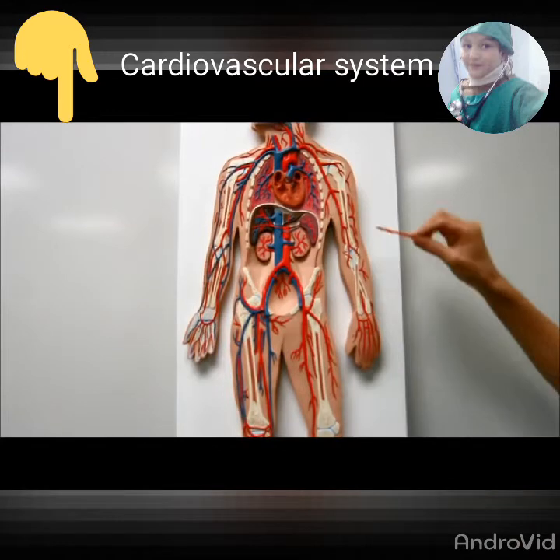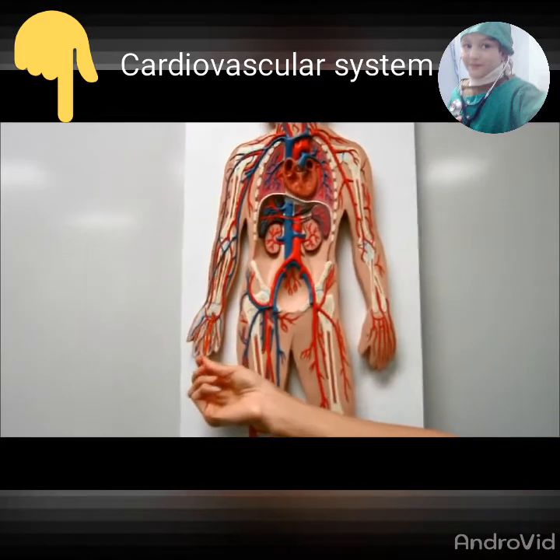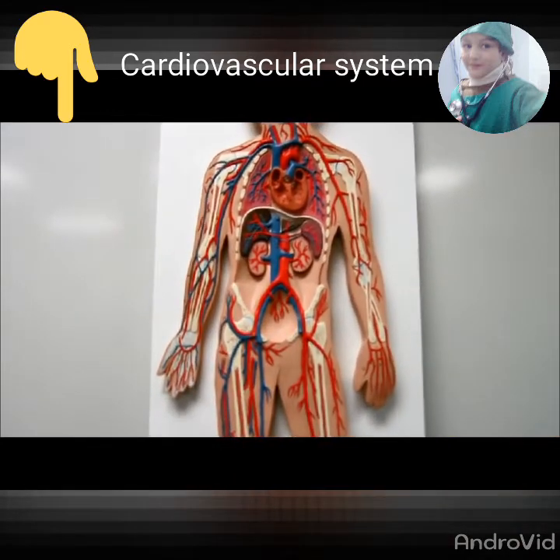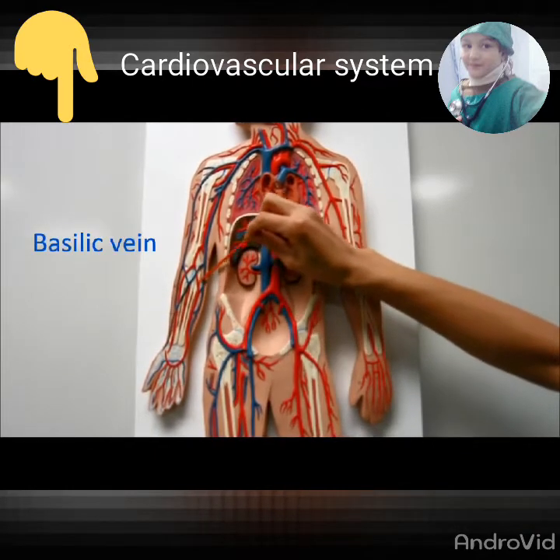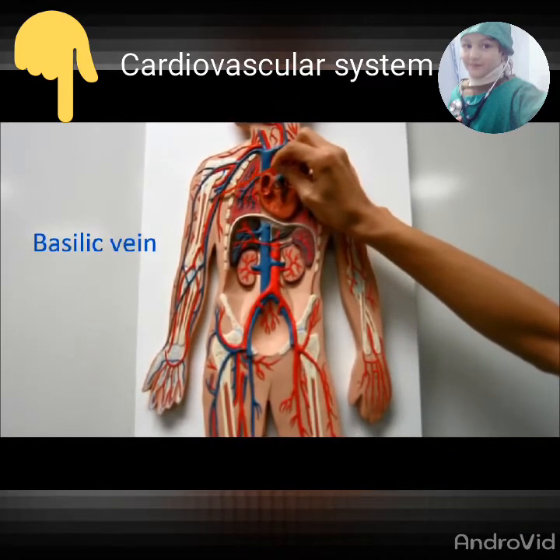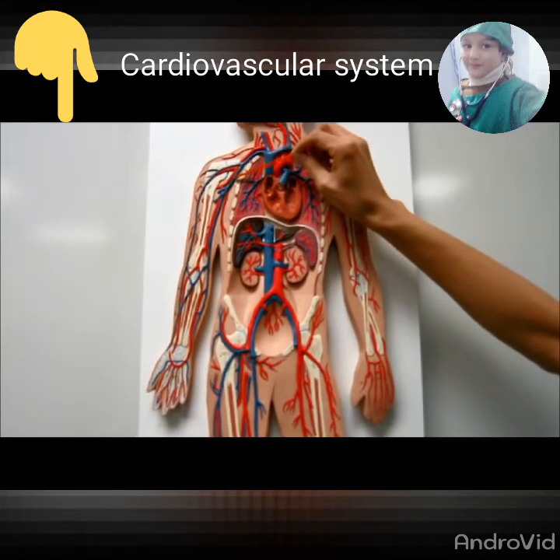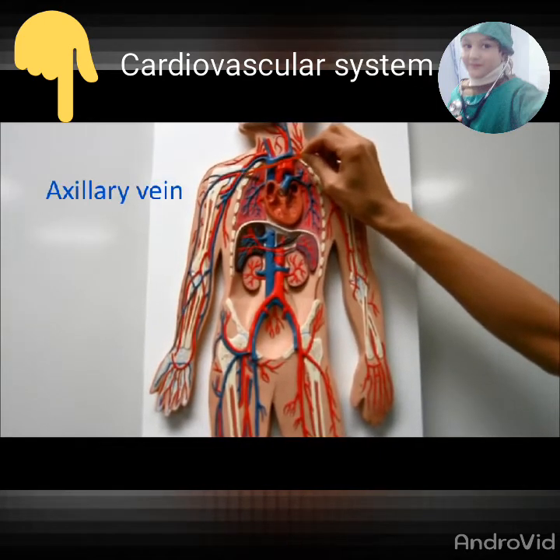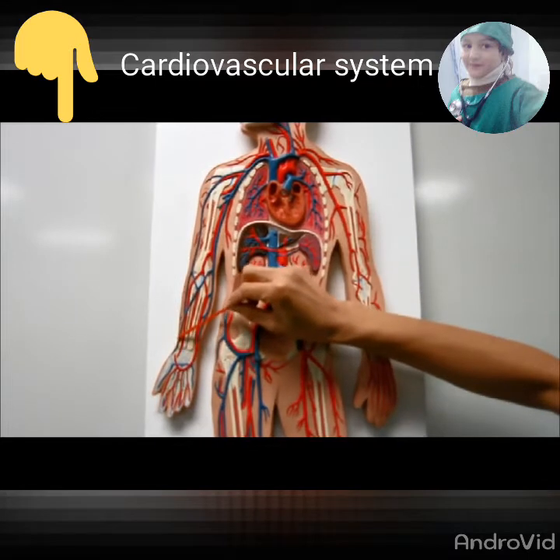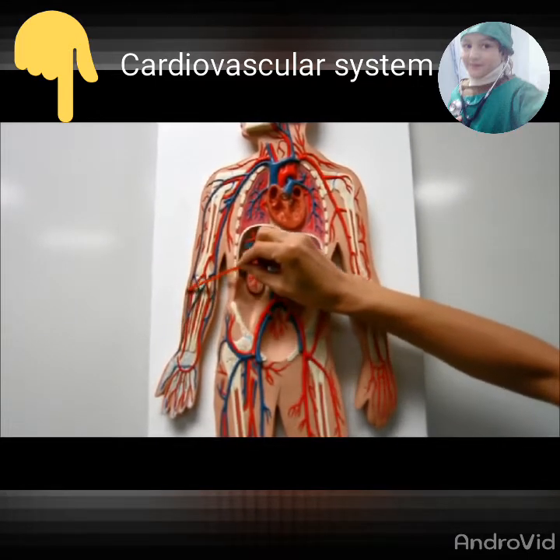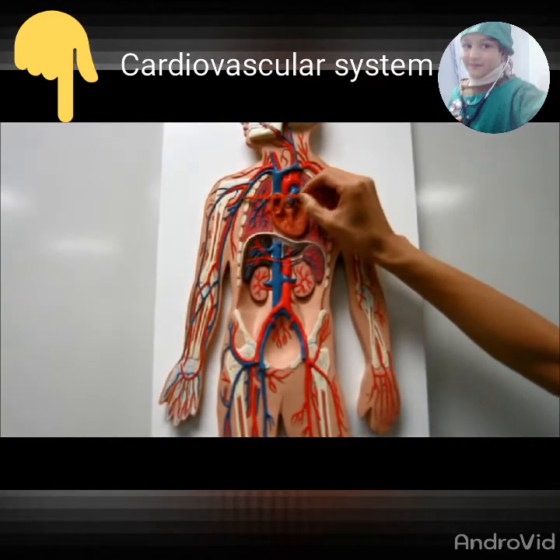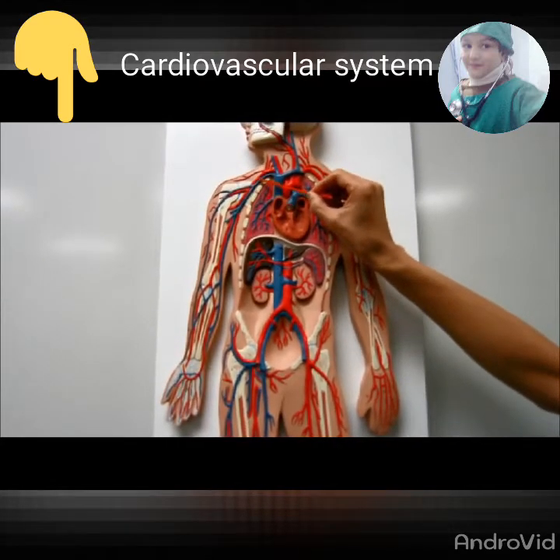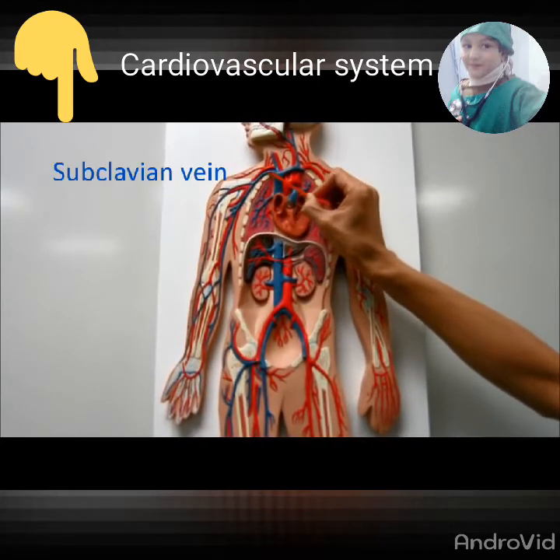Going on this side here, from your upper limbs, you have the basilic vein, going up to form the axillary vein. And on the other side, the lateral side, you have the cephalic vein, joining with the axillary vein to form the subclavian vein.